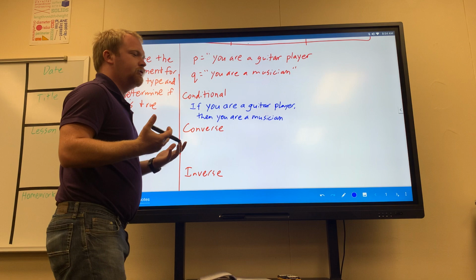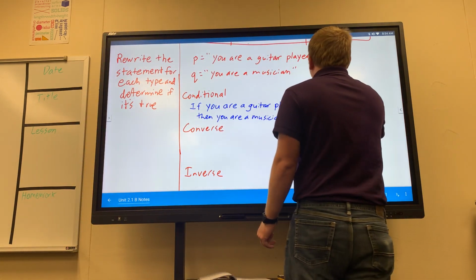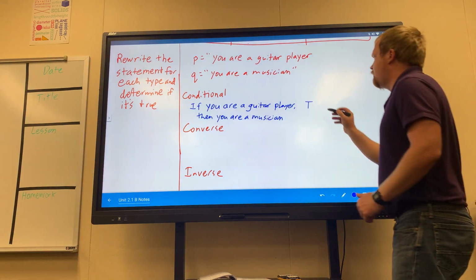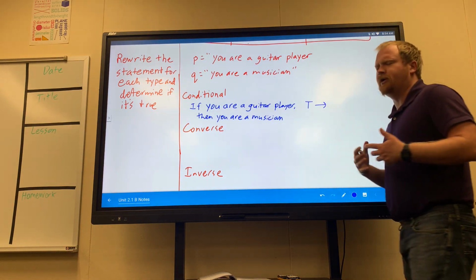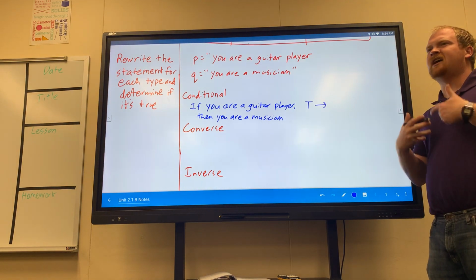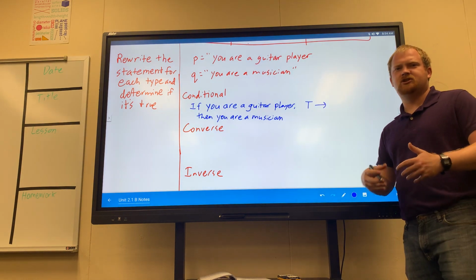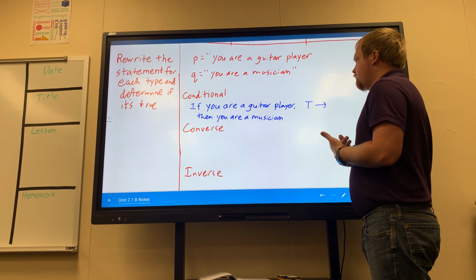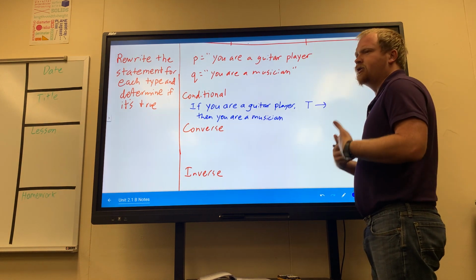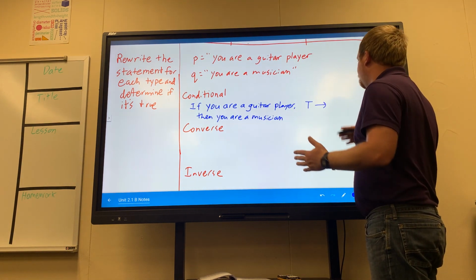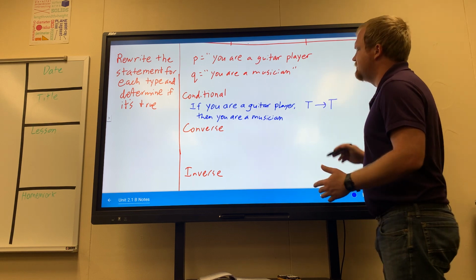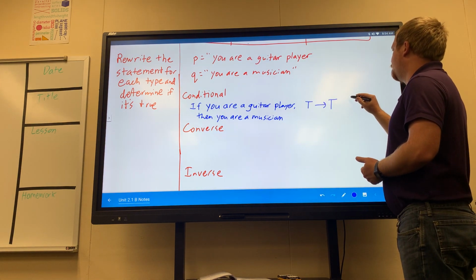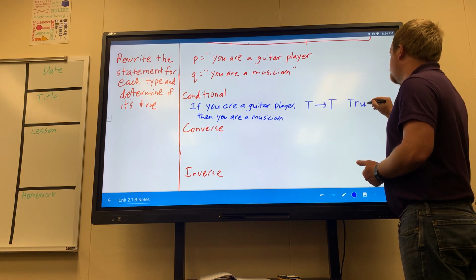Okay? So let's think about this real quick. Let's say it is true that you are a guitar player. So if you're a guitar player, you're playing music, and that's what the definition of musician is. Someone who plays music. So if you're playing a guitar, you're playing music, which means you're a musician, which means the conclusion is true. So my statement is true.